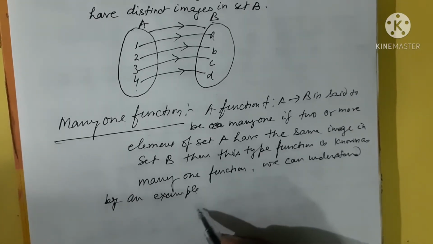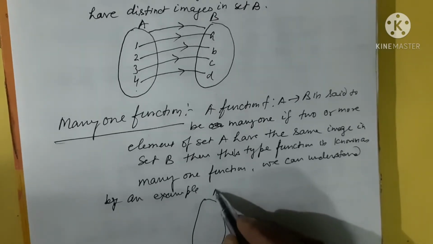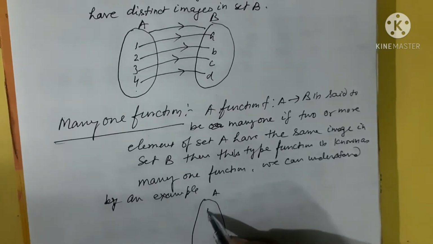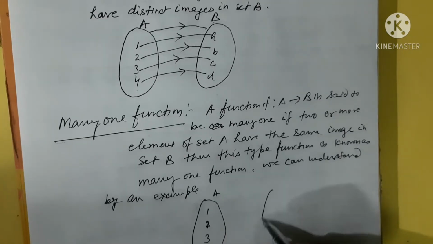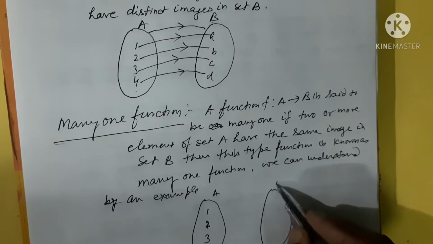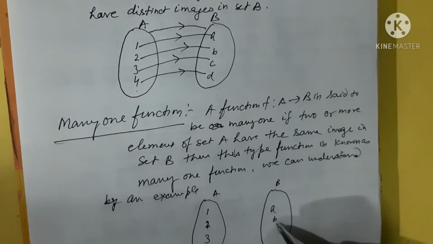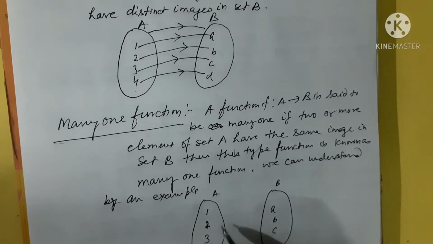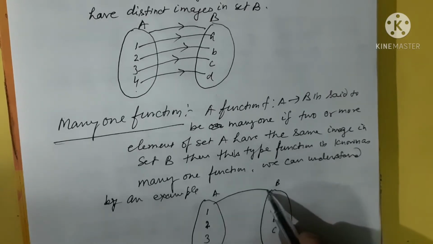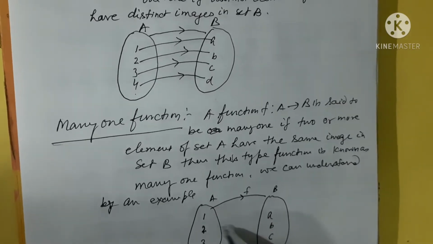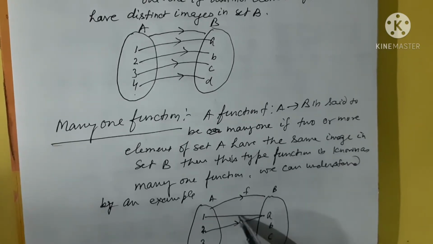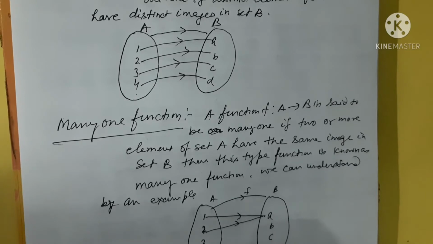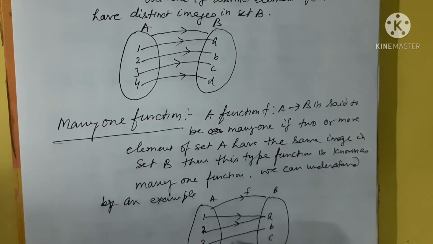Let A be the set in which 1, 2, 3, 4 are the elements, and set B in which a, b, c is given, and function is defined by f, and 1 and 2 have the same image a, and the image of 3 is b, image of 4 is c.